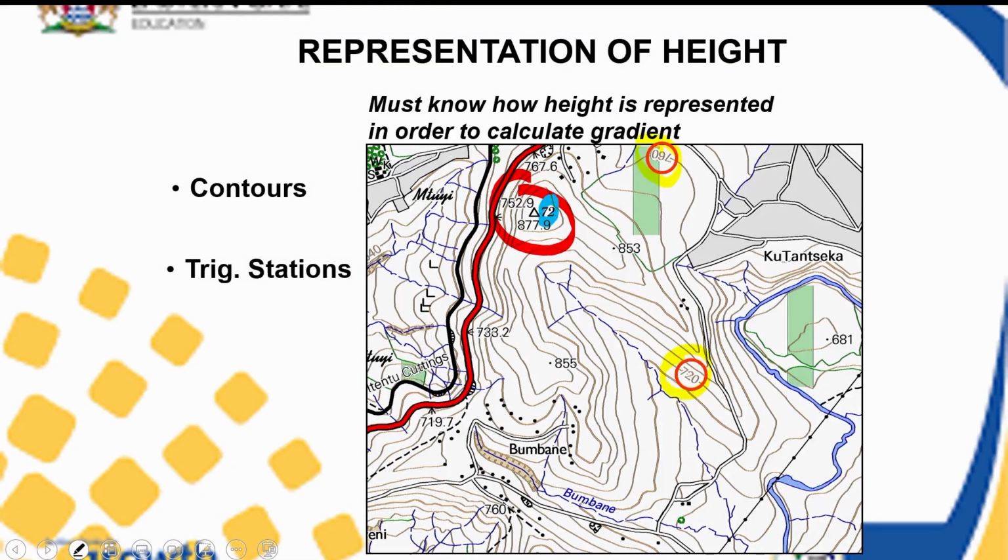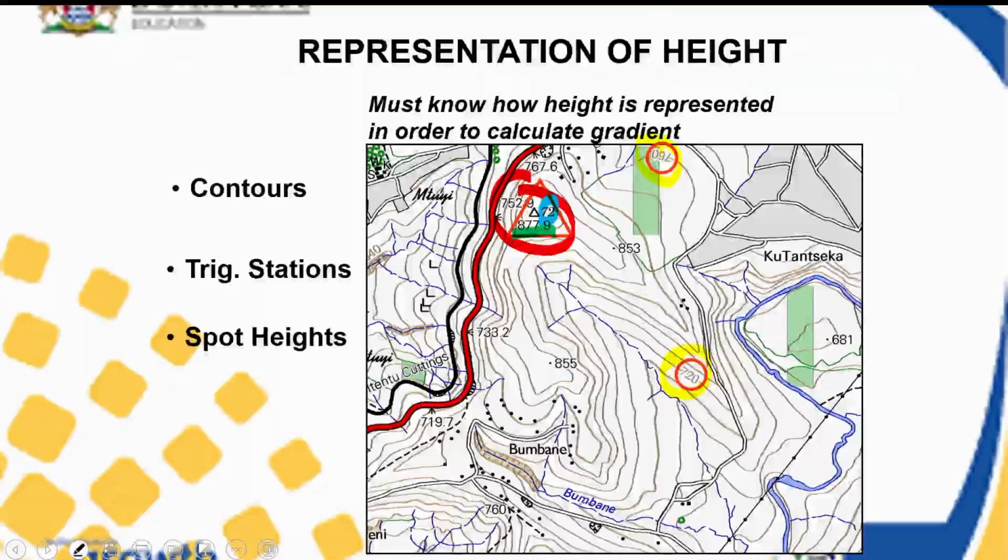The number on top of the trig represents the number of the trig, which is, in this case, 72, which means this is trig station number 72. The number at the bottom, it is 877.9, which indicates the height of that trig station. Please, learners, make sure that you understand what I'm talking about, because that's where you lose your marks.